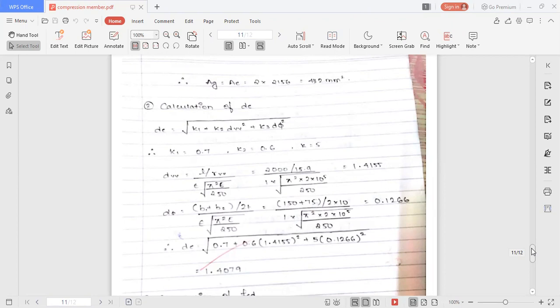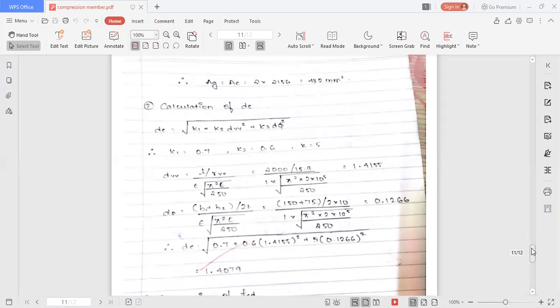DVV is nothing but the lambda VV plus K3 into lambda phi square. So K1 is 0.7, K2 is 0.6 and K3 is 5. ये वैल्यूज आपको पेज नंबर 48 फ्रॉम योर IS 800 2007 से मिली है.